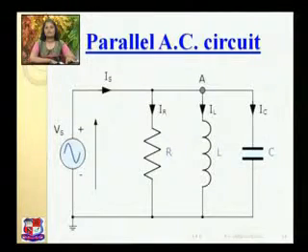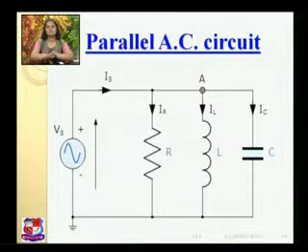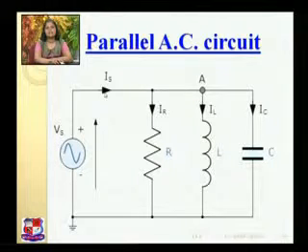But while you consider the current, as shown in the diagram, this is Is. Is is the supply current which is supplied by the voltage source. Now this current is divided into three parts. Here it is IR, here it is IL and here it is IC.